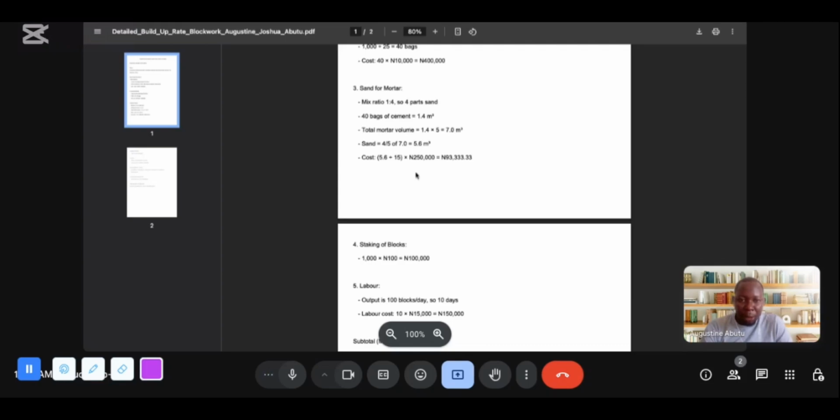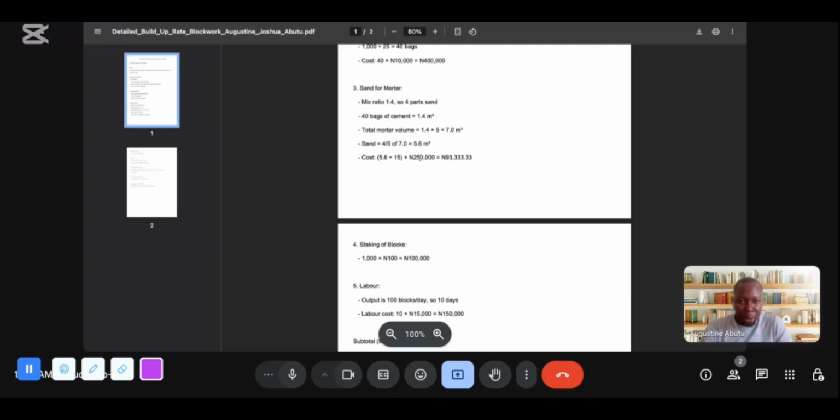The cost of sand for 15 cubic meters is 250,000. To know the cost of 1 cubic meter, that's why we are having our 15 here. 15 is the volume of sand in a 12 tire dump truck.